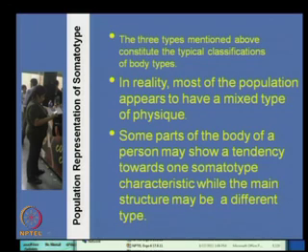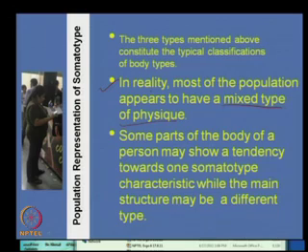For that, the three types mentioned above constitute the typical classifications of body types. In reality, most of the population appears to have a mixed type of physique.